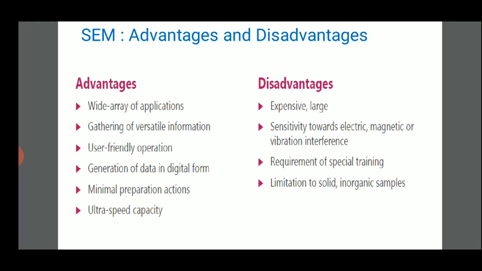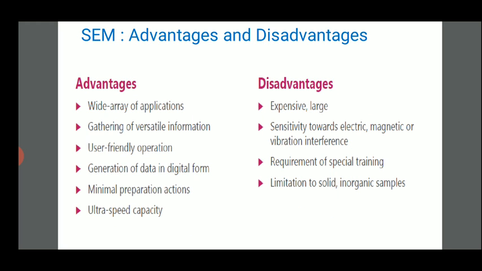And about the disadvantages, it is a little bit expensive, the size is large, and it is sensitive towards electric, magnetic, or vibration interference, because it uses an electron beam.